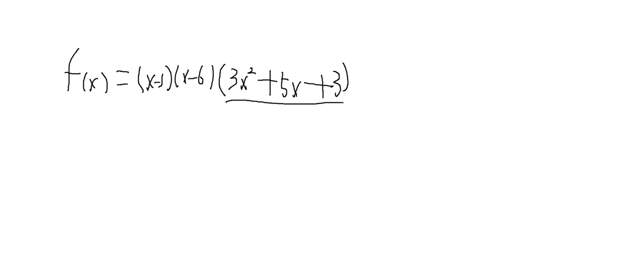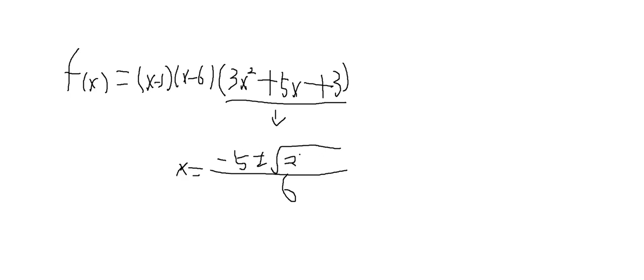Now we can just solve this using the quadratic formula to get all of our values of x. So if you use the quadratic formula, x is going to be minus 5 plus or minus the square root of 25 minus 4 times 9, which is 36, all over 6.